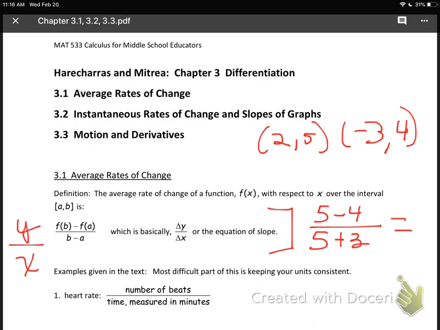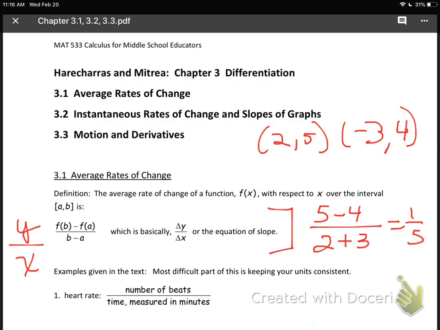Let me see, hold on a second. Let me back up a little bit. Okay, so what are my y values? I started with the 5. I'm going to start with the 2. So 2 minus negative 3, so that's 2 plus 3. So I have 1 over 5 is my slope.